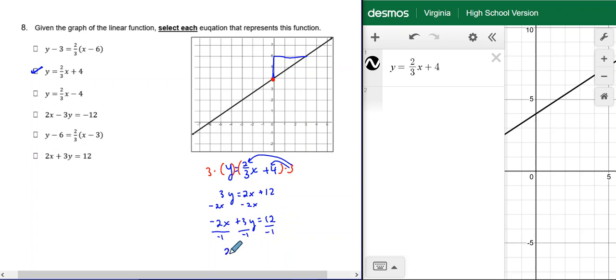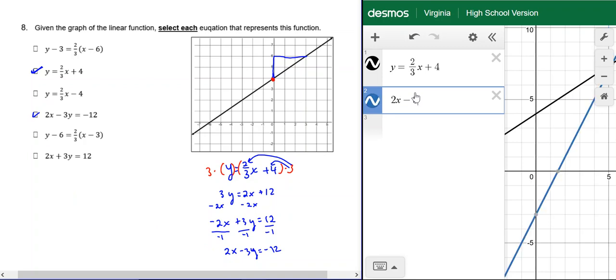So this just turns into a positive 2x, and then minus 3y equals -12. So that's another one. So those are both equivalent. Let me graph it for you and check and show you. Again, if you want, you can just graph each one in Desmos and just match it, but this is the other way you do it.